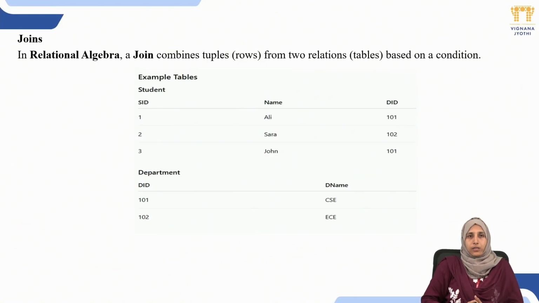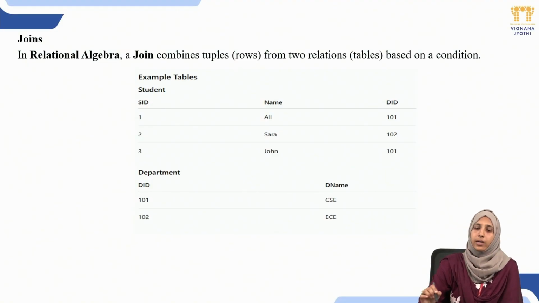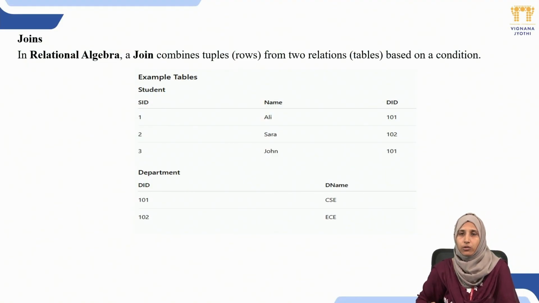Coming to the join operation, which is a very important topic in relational algebra, in relational calculus, and even in SQL. If you know how join works in relational algebra, then it will be very easy to apply these join operations in SQL also. In relational algebra, join combines tuples from two relations based on a condition.